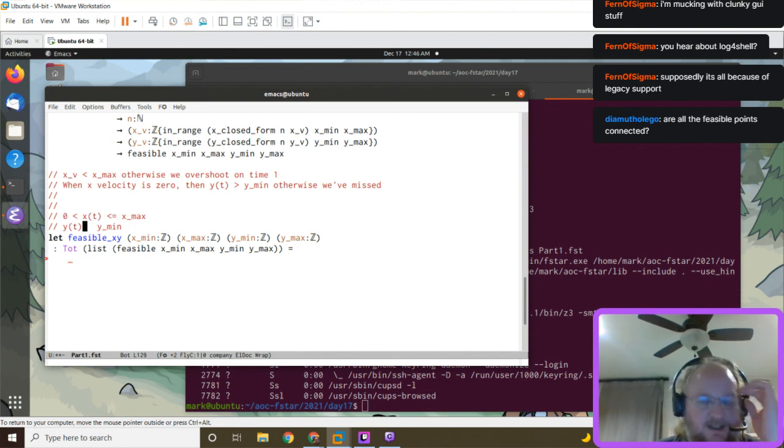So we only need to look at values that give us this range. How are we going to prove to F star that our search terminates? Because if we can prove that it terminates, then we'll only have searched finitely many values.